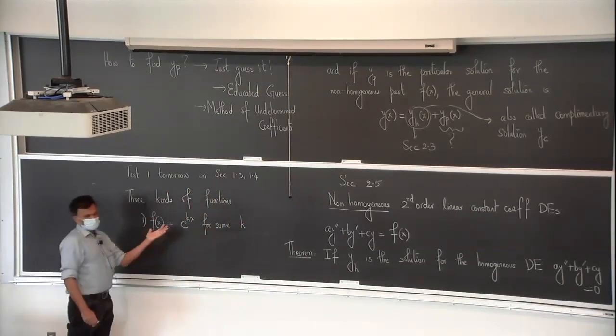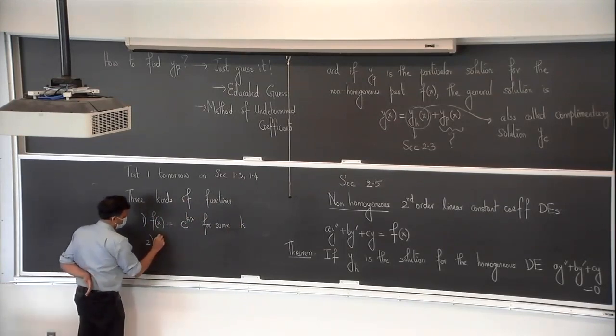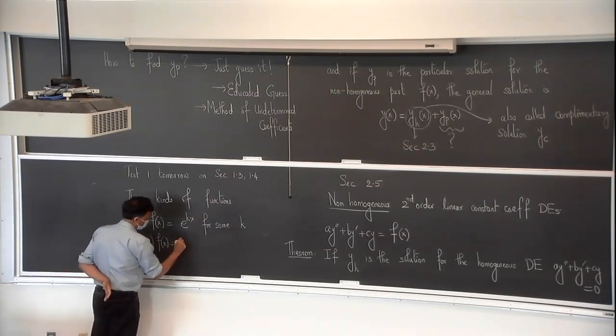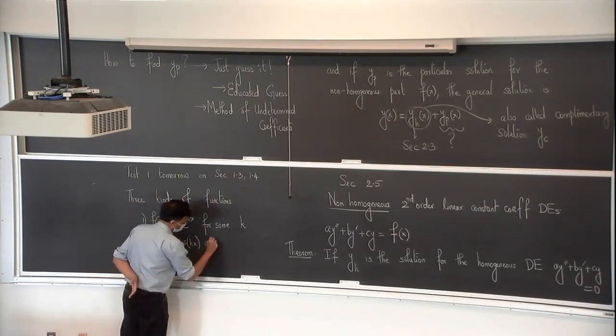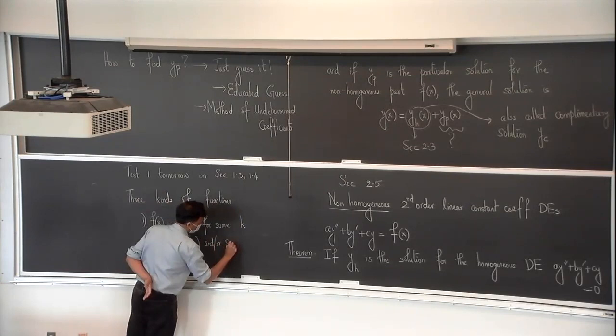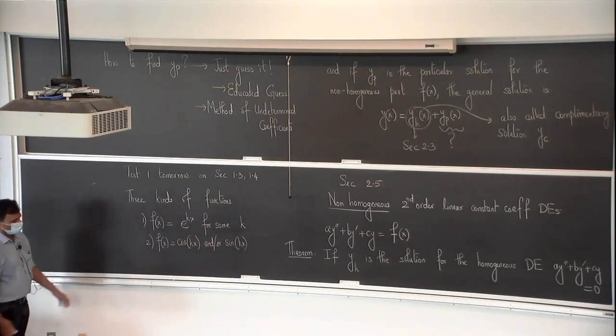If k is 0, there is no point to it. Two, f of x equal to either a cosine or a sine function. Again, k is some number.